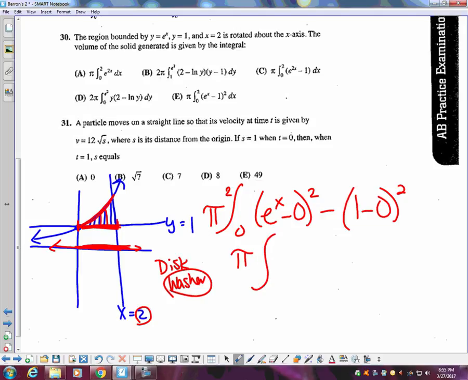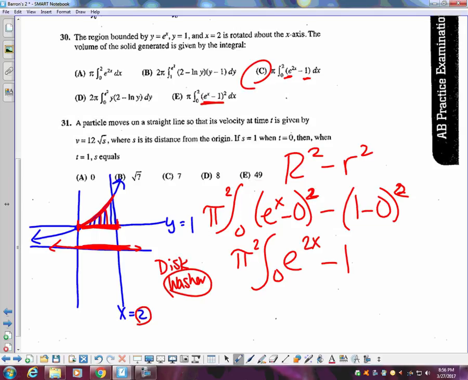So pi integral 0 to 2 of e to the 2x minus 1 with a dx on it. Looks like C. Yeah, this one's got the square in the wrong place. Square them individually, because it's big R squared minus little r squared. So C.